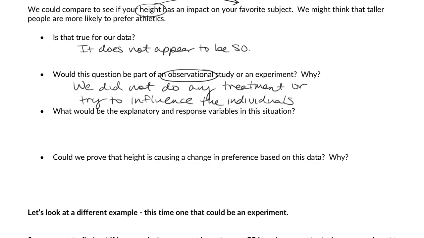So the explanatory variable is height here, because we were trying to see if by changing the height, we could affect somebody's favorite subject. Basically, our input was height, our output was favorite subject, and we thought there was an effect here.